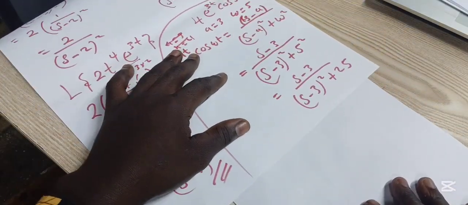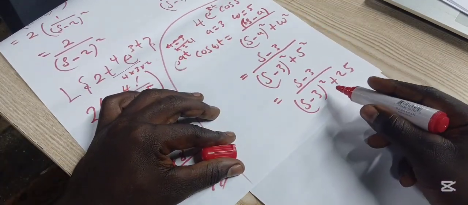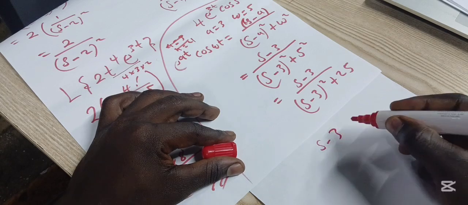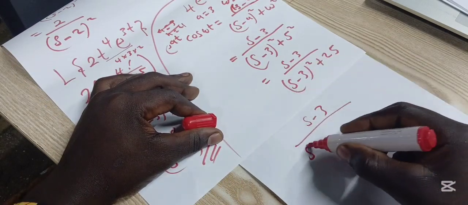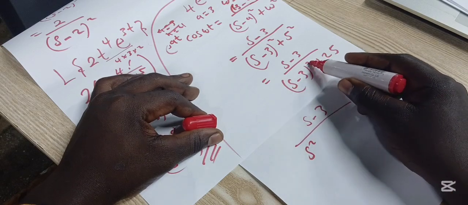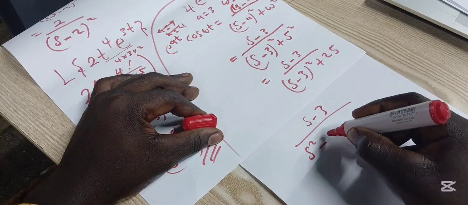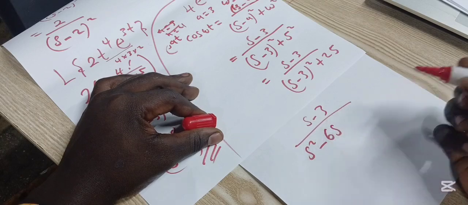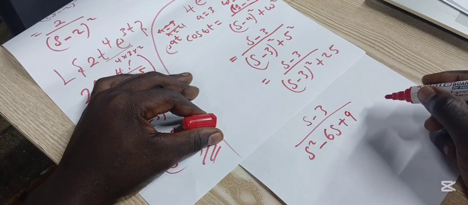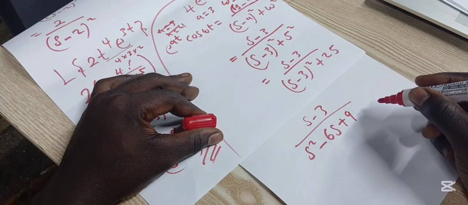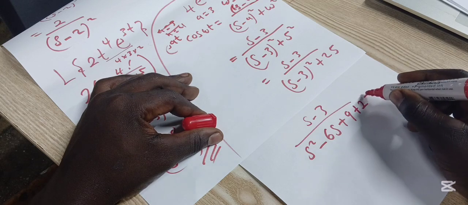So now let's simplify everything. s minus 3 all over, let's square s, so s squared, then 2 multiplied by s multiplied by negative 3 gives us minus 6s, and now minus 3 squared gives us positive 9, plus 25.